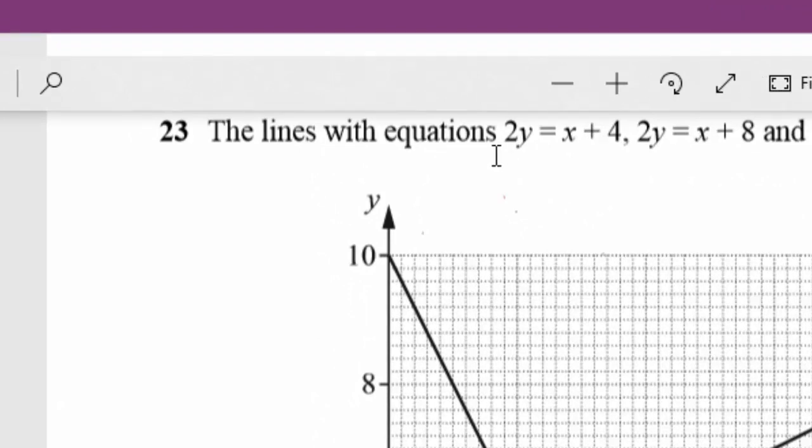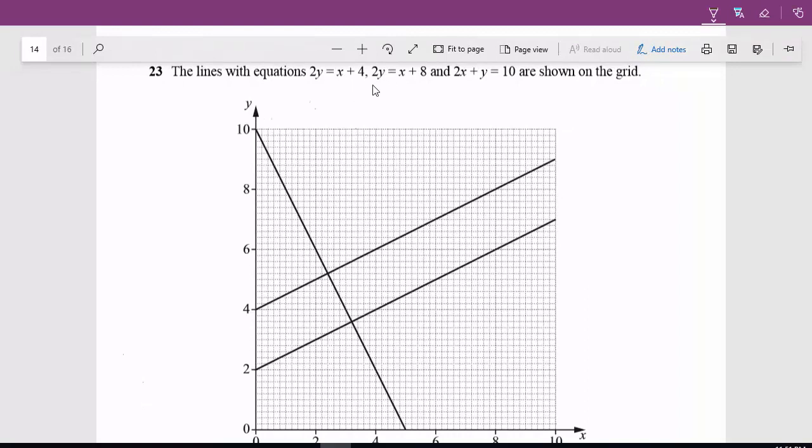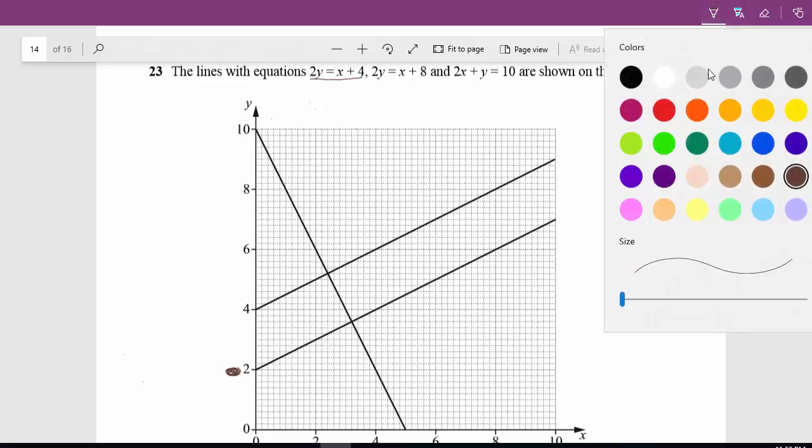They cannot be on the same side. Here we cannot say x is 4, but we can say 2y is 4. What about just 1y? It's 2. So the first equation has this graph, brown. Let's choose another color.